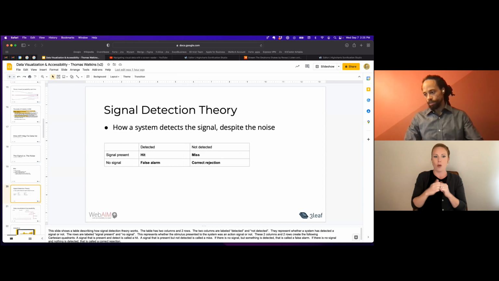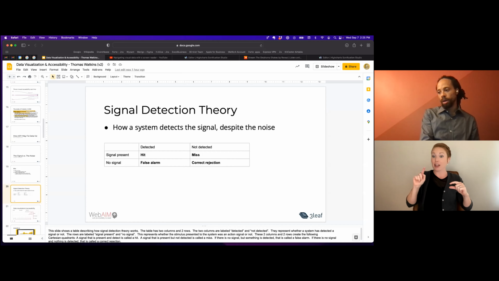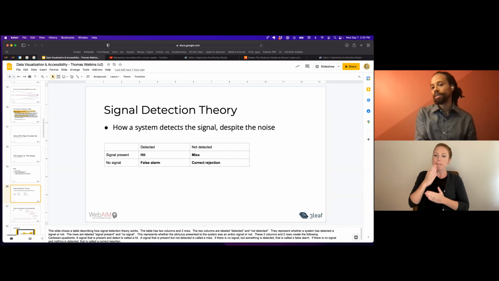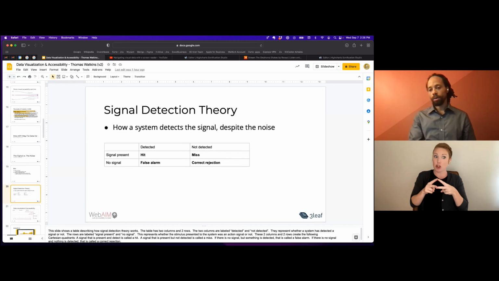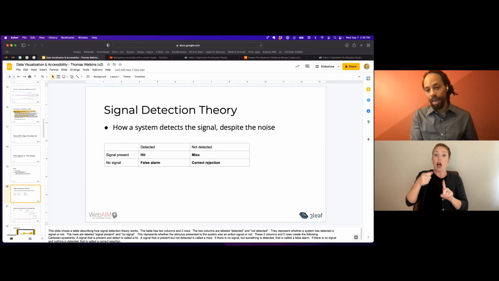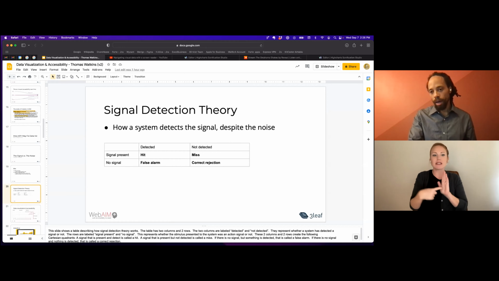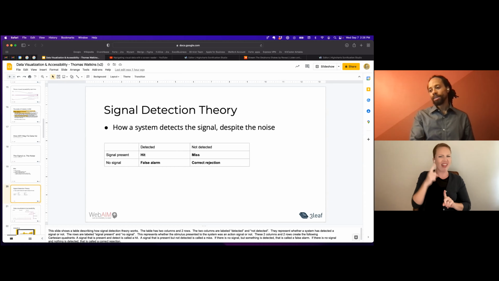The factors here are that a piece of information is either detected or not detected, and a signal was actually present or not present. So the possible scenarios are a hit, a miss, a false alarm, and a correct rejection.